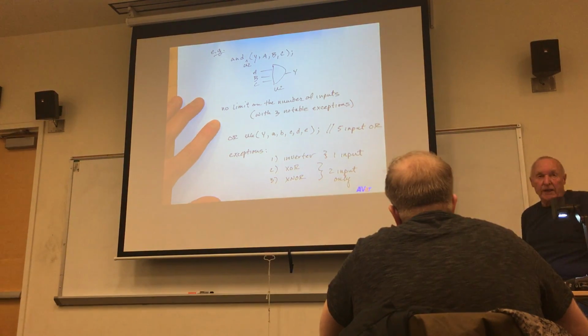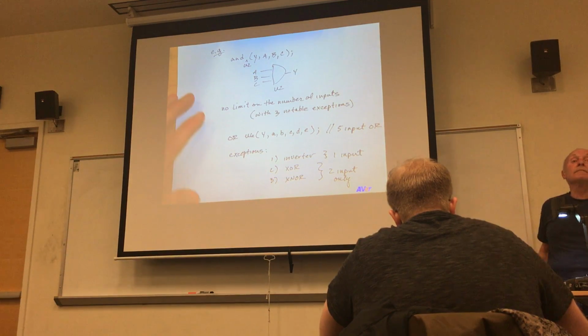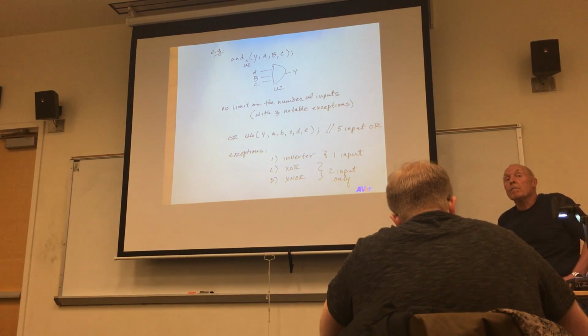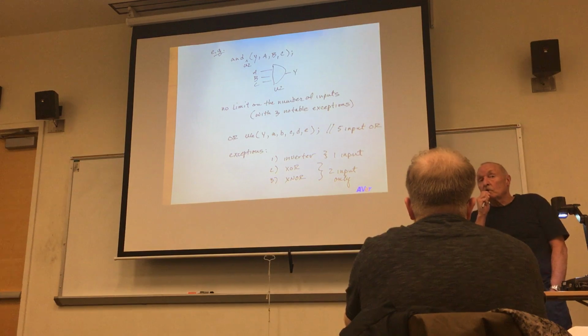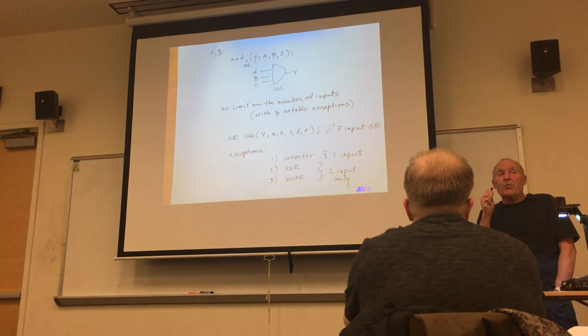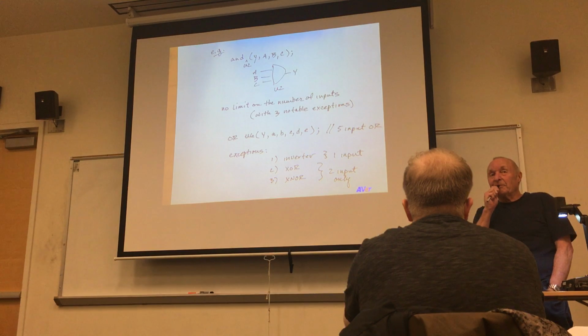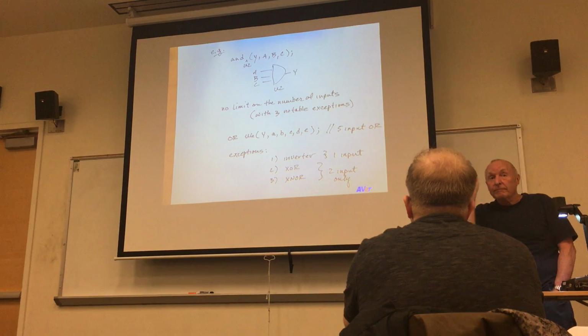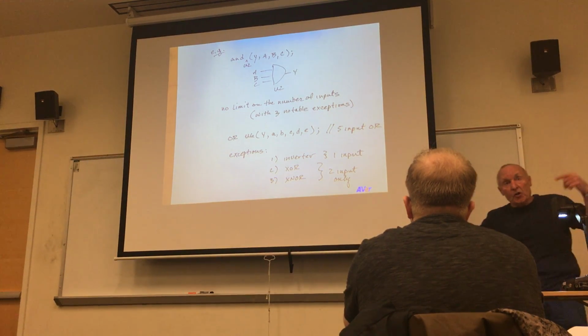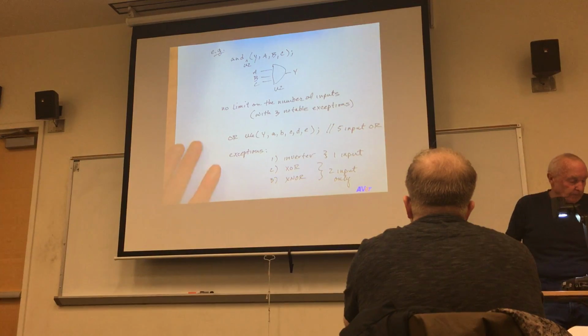Of course, inverters only have one input. So if you put XOR Y, A, B, C, you'd probably get a synthesizer error. You would need to split that out as two statements if you wanted to exclusive OR three variables.